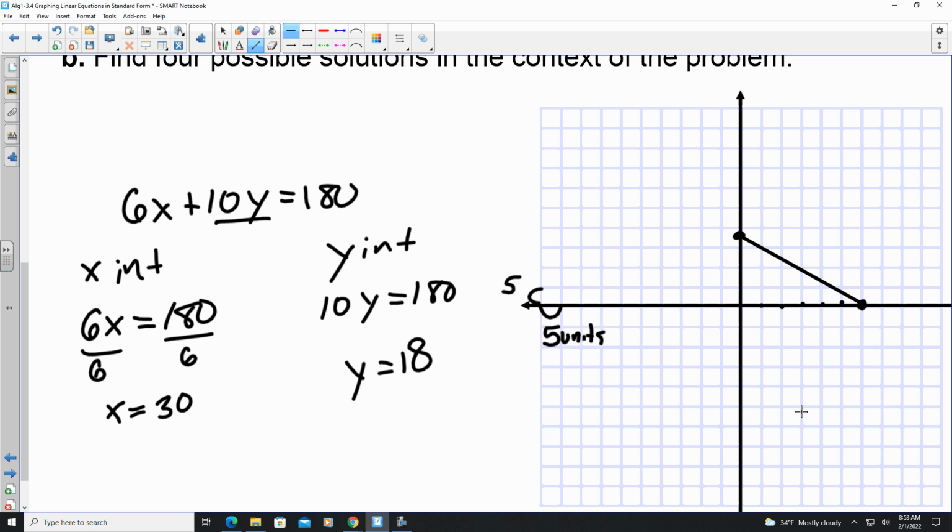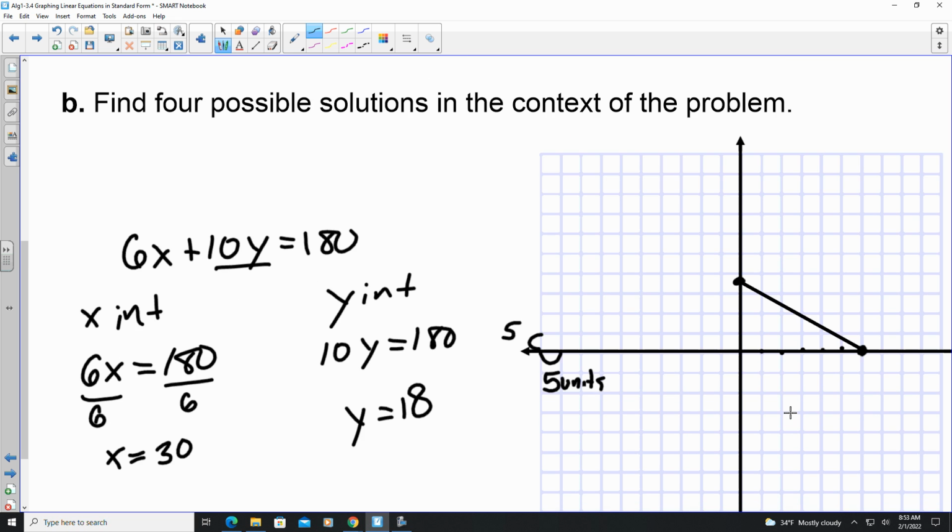What they ask of you is to find 4 possible solutions in the context of this problem. So essentially you can have 1, 2, and then 3 and 4.